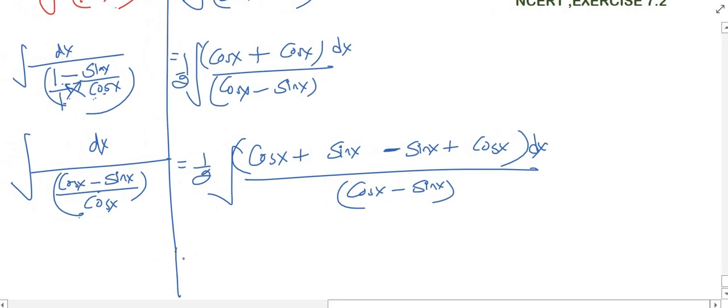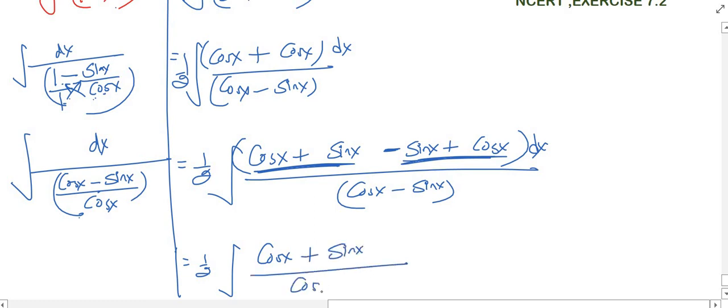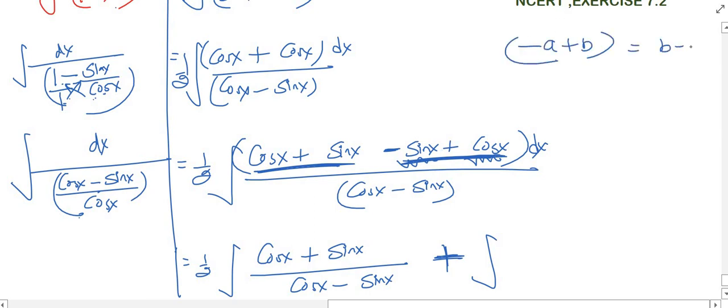Now what we can do is take this and take this separate. So let me write cos x plus sin x by cos x minus sin x. I am taking it separate, plus this I am separating out, writing plus because I will write cos x plus first and this later. This is the same thing; if this is a minus b plus, it is the same as b minus a, right? Don't get confused.